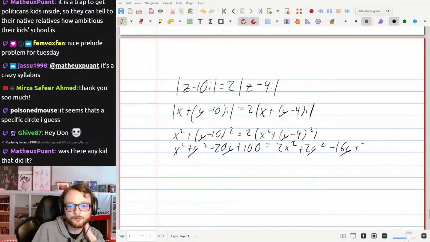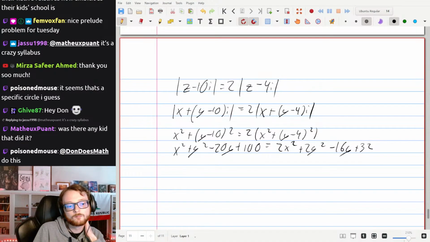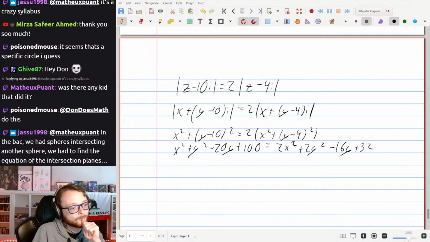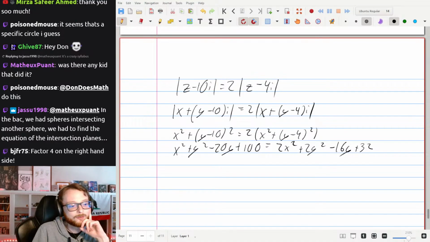16 minus 32. Do what? It is a nice prelude problem for Tuesday. Factor 4 on the right-hand side, BJFR says.